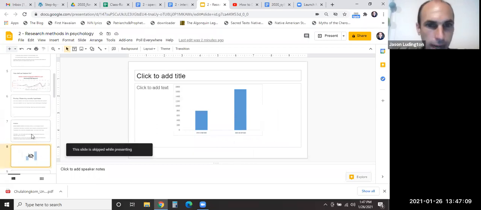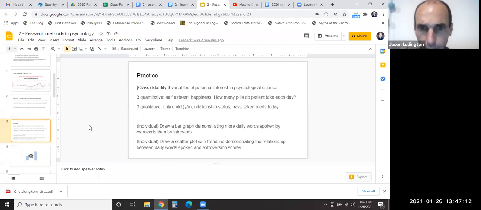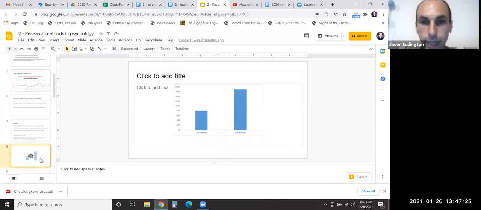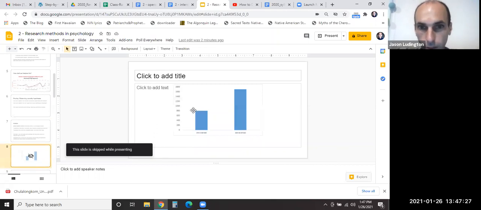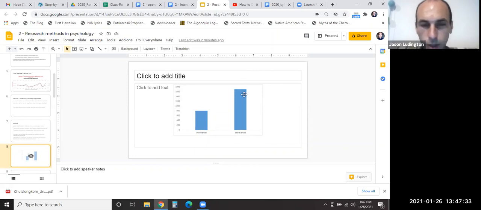Just a sample, a way to make sure you know how to illustrate differences between categories, because this is a kind of statistical relationship here. All right, so the difference between bars, even though it's a categorical variable, oh wait, no, this is quantitative because there are numbers here. So yeah, this is a relationship.